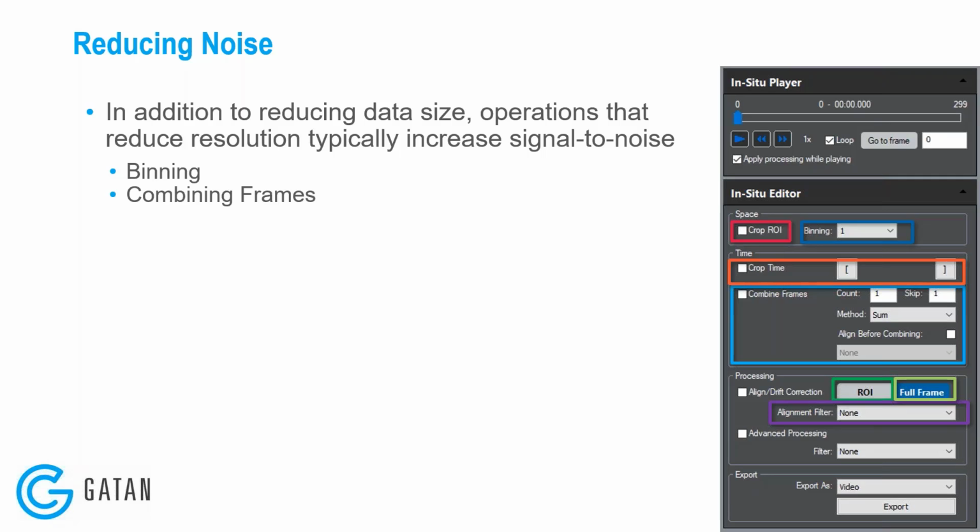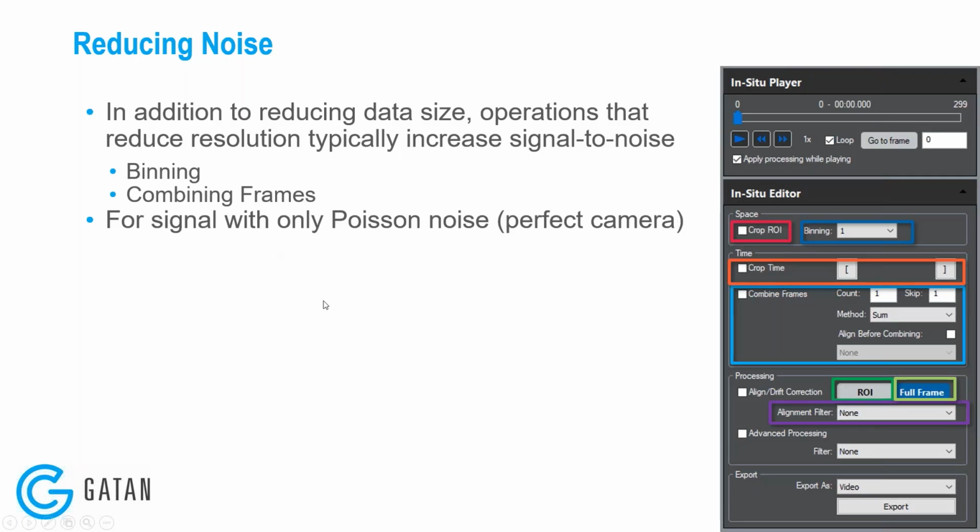In addition to reducing the data size, a lot of these operations, specifically operations that reduce the resolution, typically also increase the signal to noise, certainly on a pixel by pixel basis. So binning and combining frames will increase the signal to noise as well.